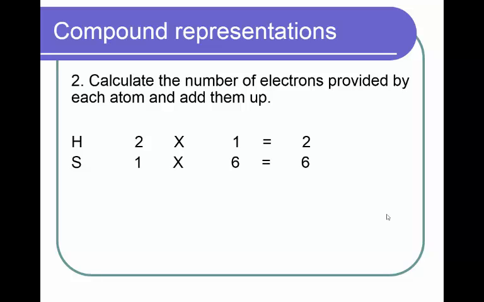Finally, oxygen has 4 atoms within the structure, so we multiply 4 times 6 because every oxygen provides 6 electrons. That comes up to a total of 24 electrons provided by oxygen. If we add these electrons up, we have 24 plus 6 plus 2, that gives us a total of 32 electrons provided.